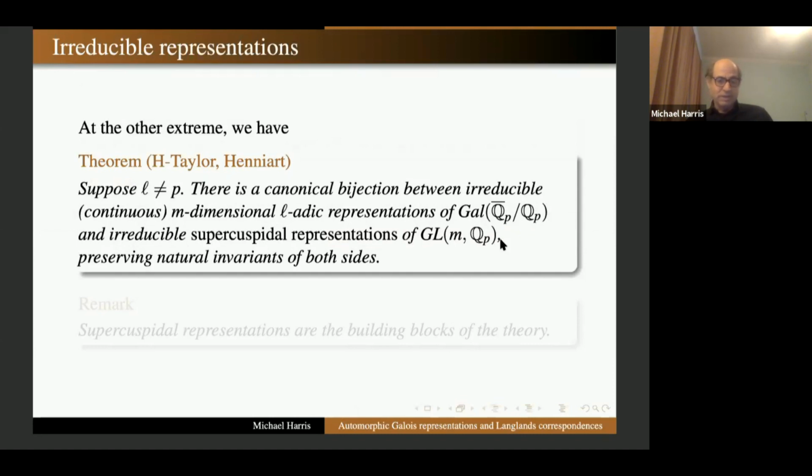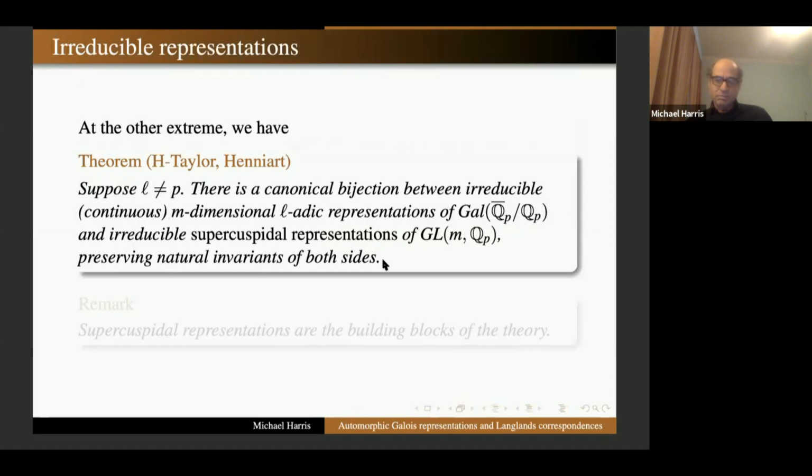Well, I'm going to have to tell you what supercuspidal representations are. And it's canonical. Well, it's canonical in the sense that it preserves natural invariants at both sides. It's also canonical in the sense that it can be constructed canonically in terms of algebraic geometry.